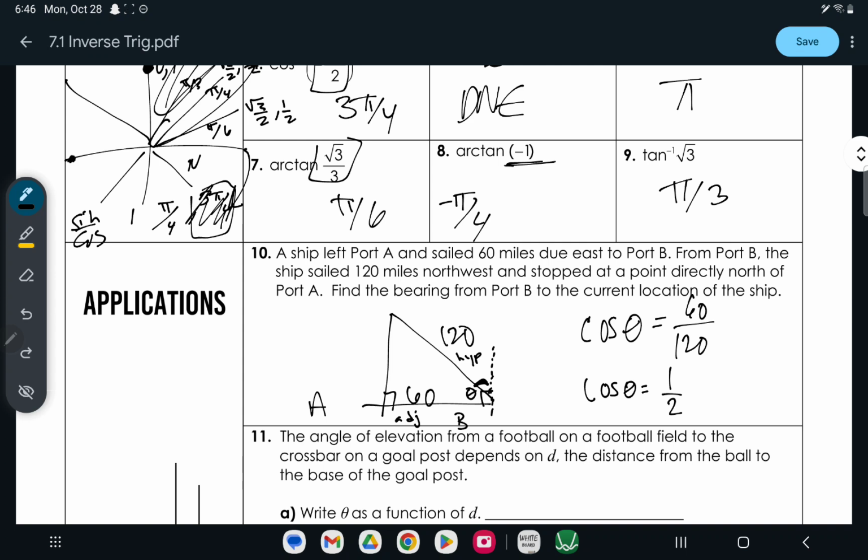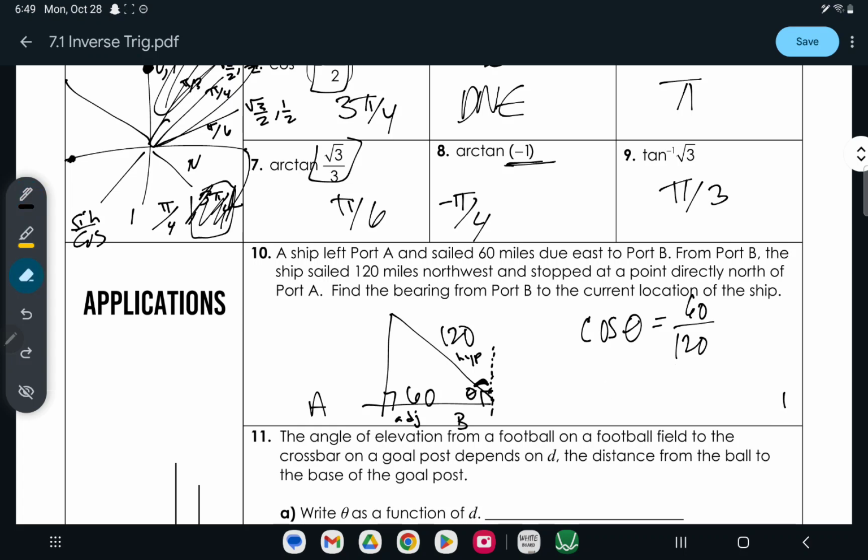So the way we can solve this is take the inverse cosine, which you can either see written like that, or you can see cosine negative 1. So we want to know when is, and this happens at, we want to know when the, gosh, I'm like confusing myself over here.